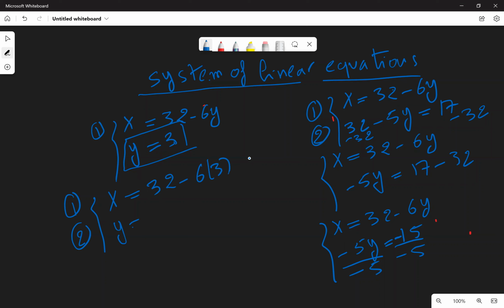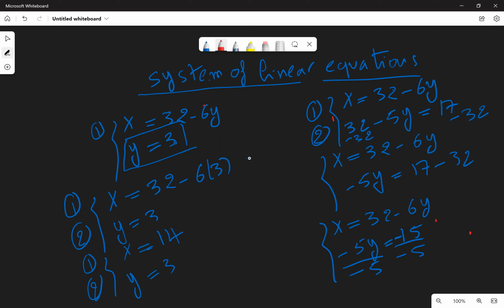So I get x equals 32 minus 6 times 3, that's 18, and 32 minus 18 is 14. So I get x equals 14 and y equals 3, and this is my solution to this system of linear equations.